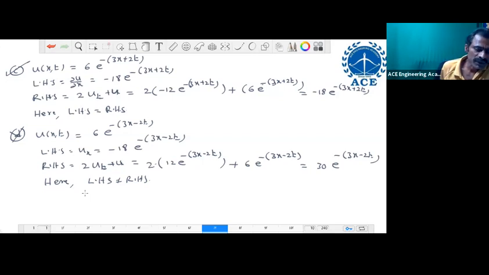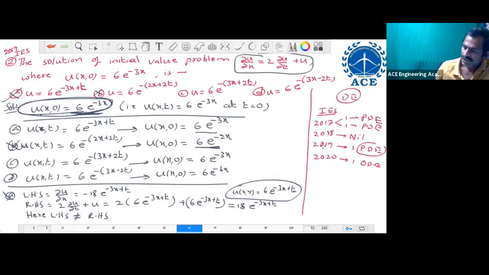So the simple method is the verification method. Instead of doing this problem by the first method, that is, the method of separation of variables, we can choose the answer by verification. Verification is simple. Right? So one of the previous questions is completed. Next, we go to this problem, 2017 previous question paper.